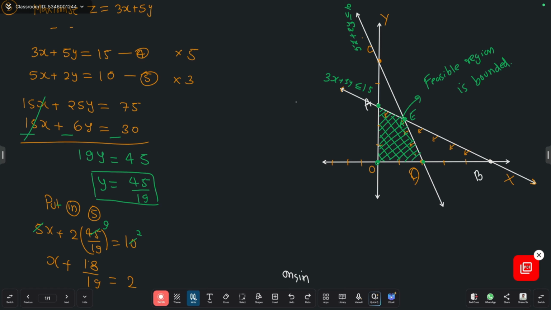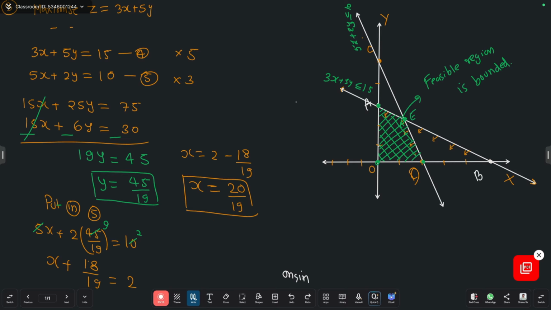Then what is x? 2 minus 18 upon 19, so x is 38 minus 18 upon 19, which is 20 upon 19.